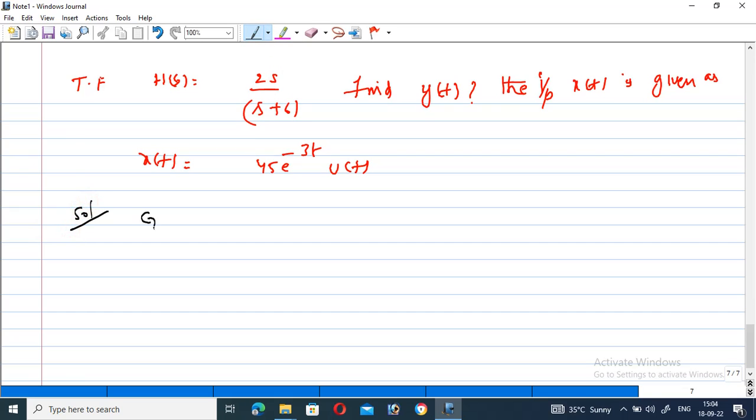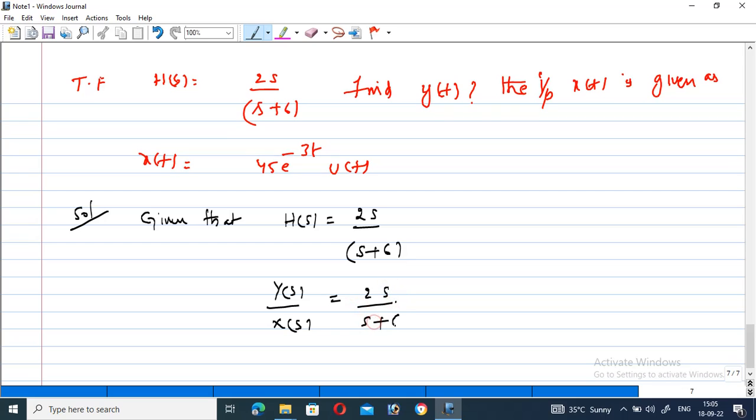So from the given data, H(s) is equal to 2s by s plus 6. H(s) is equal to what? Y(s) by X(s) is equal to 2s by s plus 6. What we have to find out here?